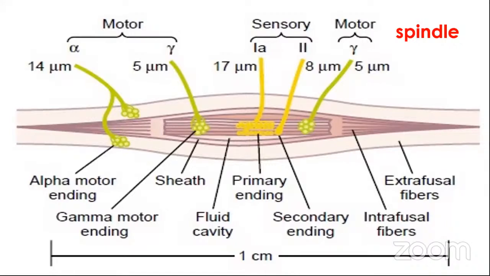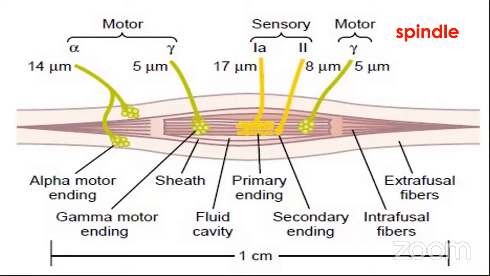The spindle consists of the intrafusal fibers. The intrafusal fibers, as you know, are of two types: one is nuclear bag and the other is nuclear chain fibers. The intrafusal fibers are attached to the extrafusal fibers at their contractile ends.